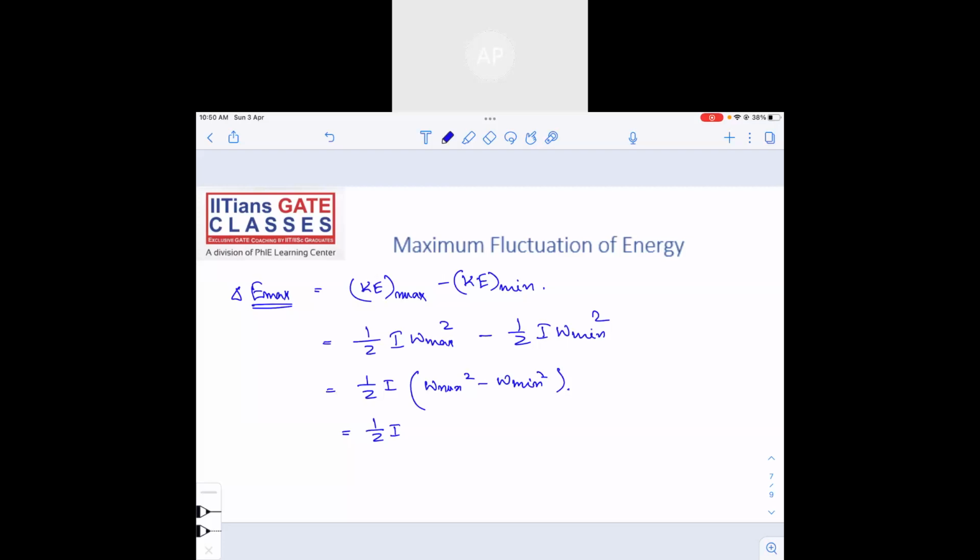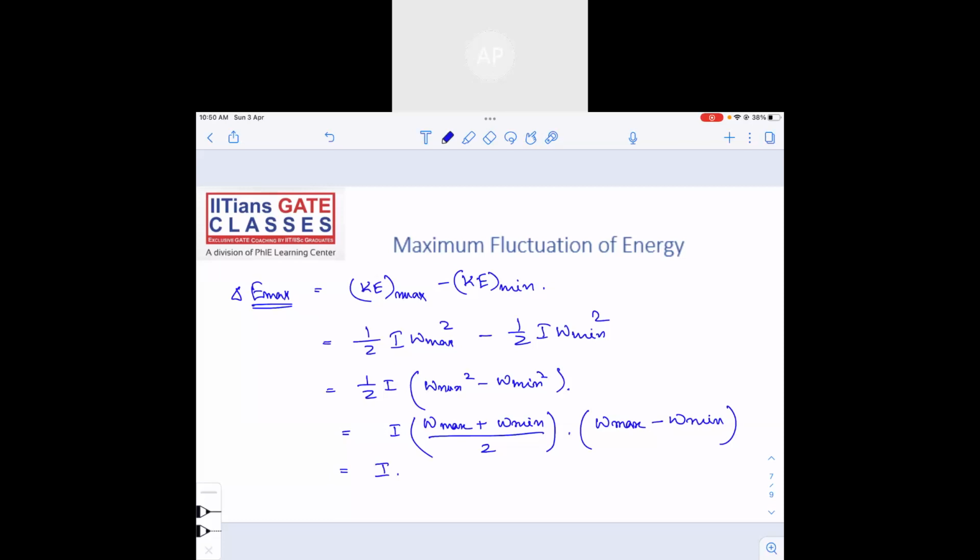I can write it as omega max plus omega min divided by 2, or okay, I'll bring the 2 inside, into omega max minus omega min.